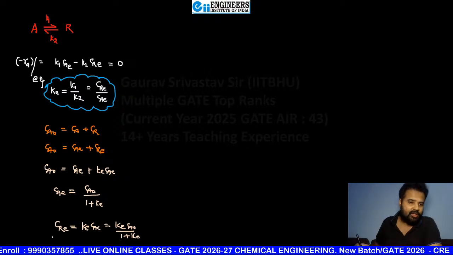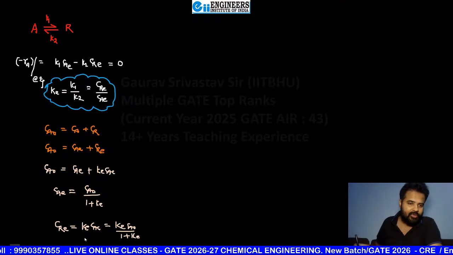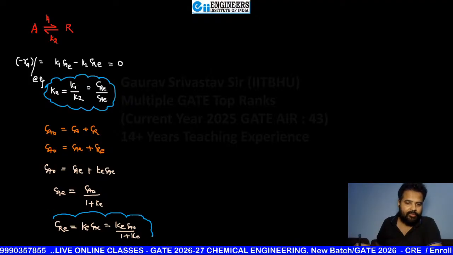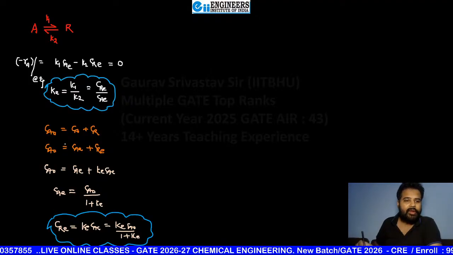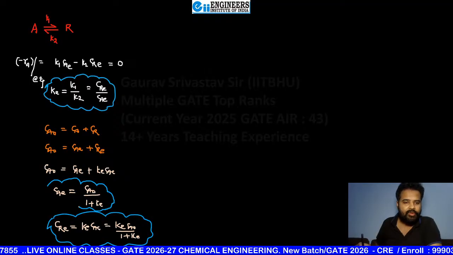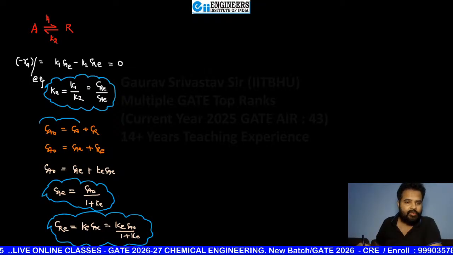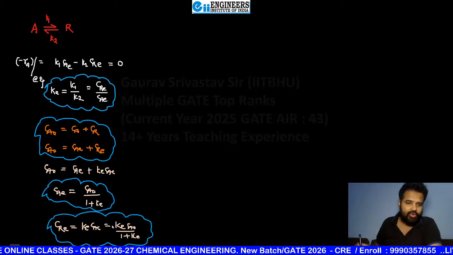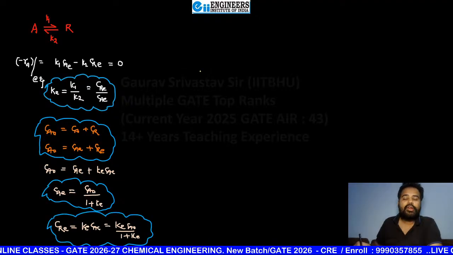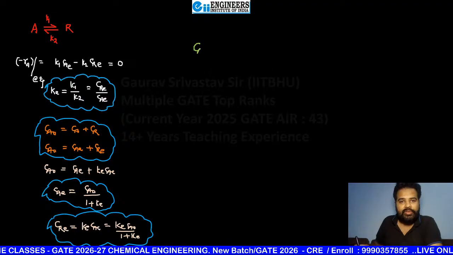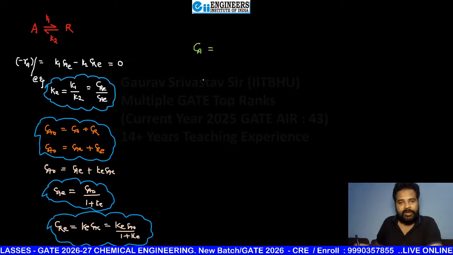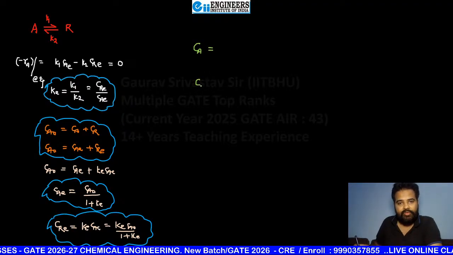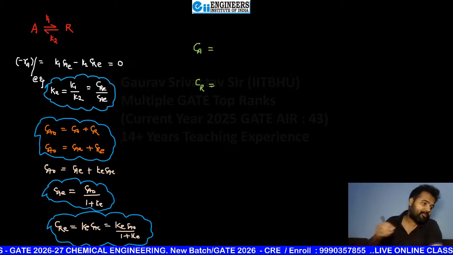We already discussed this. Okay, this one and this one and this one. Now one more thing I want to discuss, that was the concentration of A with respect to time and concentration of R with respect to time.